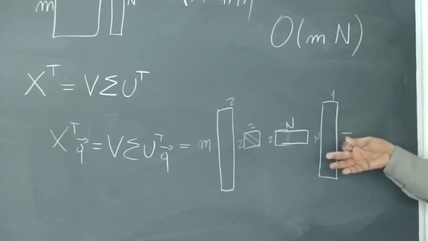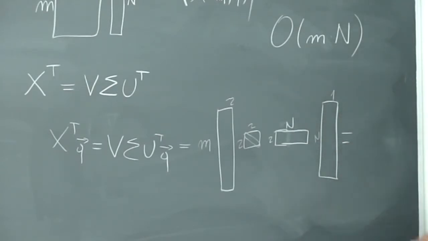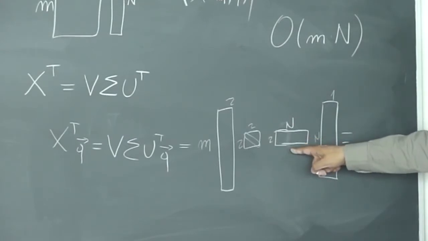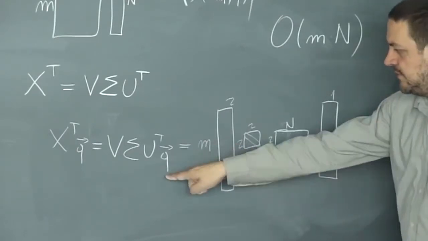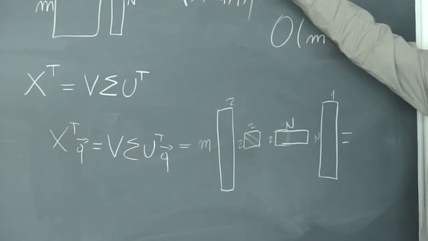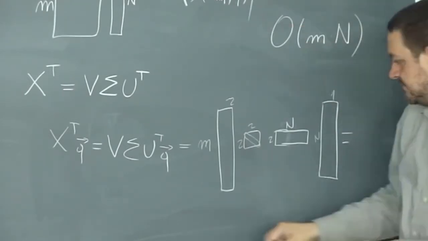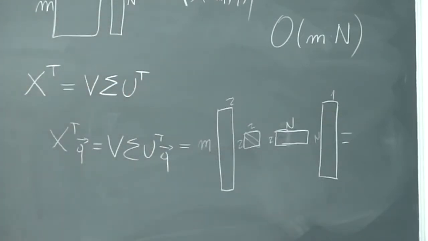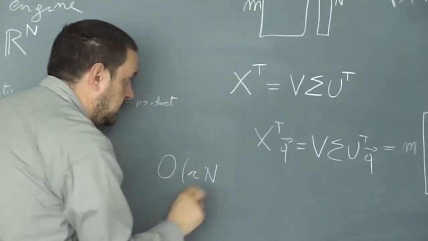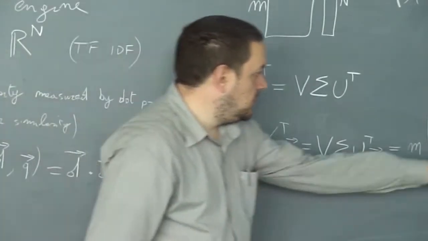Okay, how many multiplications do I need to do this? So you see, first of all, this operation gives exactly the same result. Now in this case I have an R by N, a big O of R by N here.